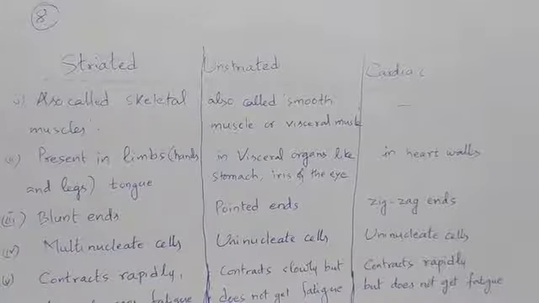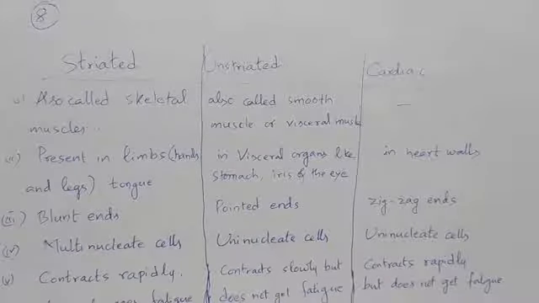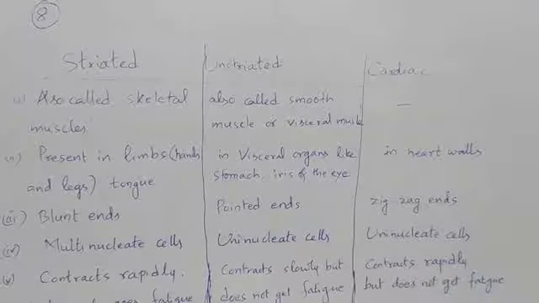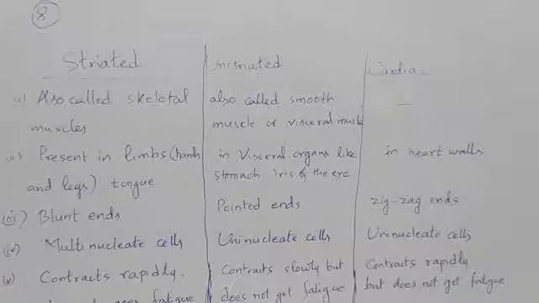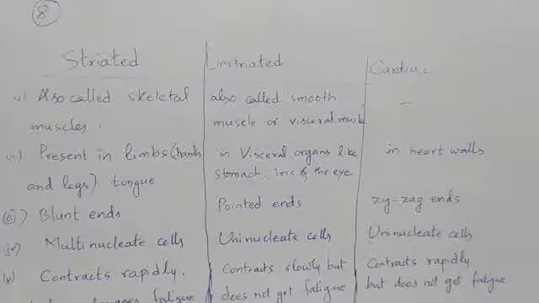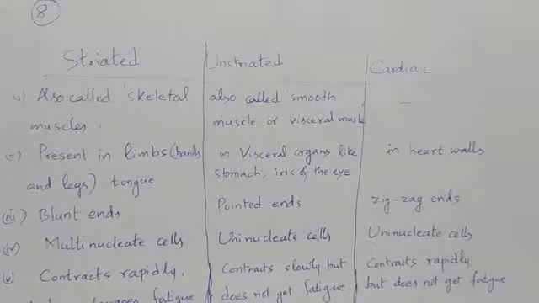Each cell in the striated muscle has many nuclei, so the cells of striated muscle are multinucleated. In unstriated and cardiac muscles, the cells are uninucleated, meaning they have only a single nucleus.